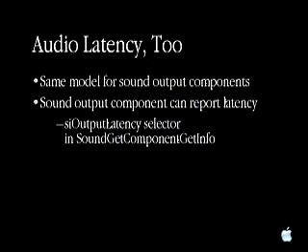And we also extended this latency mechanism to the audio track. The concept is identical, and the way QuickTime talks to audio devices is through the sound output component. So we've added a new selector called siOutputLatency, used in ComponentGetInfo, and same thing there.